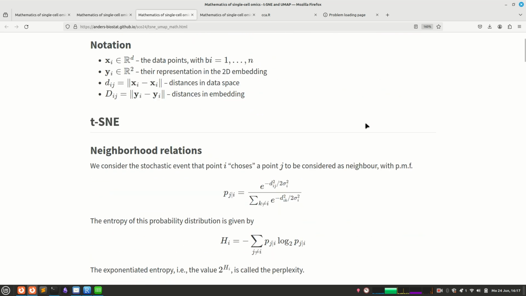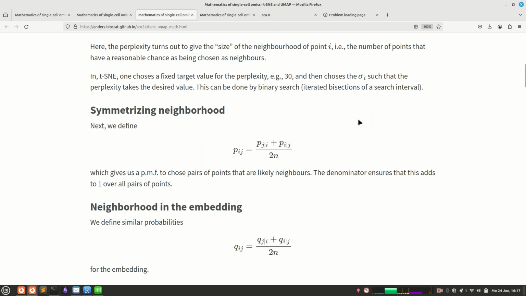So all these small things that people focus on early, that I've mentioned before, probably don't matter: how exactly you define the similarity score in the high dimension, what shape you exactly use in the low dimension, what kind of method for optimization you use, whether you use Barnes-Hut or rejection sampling.